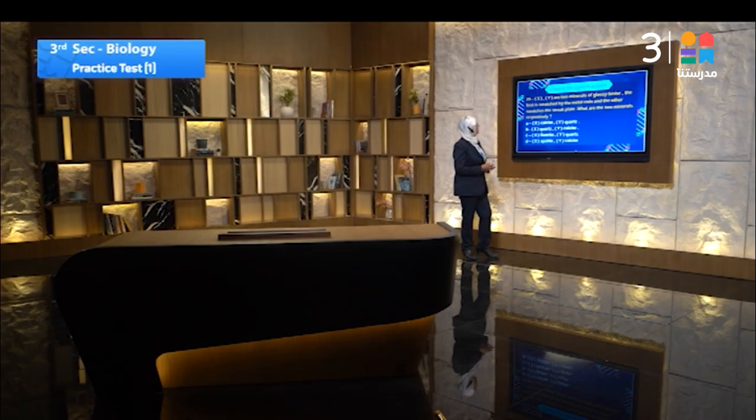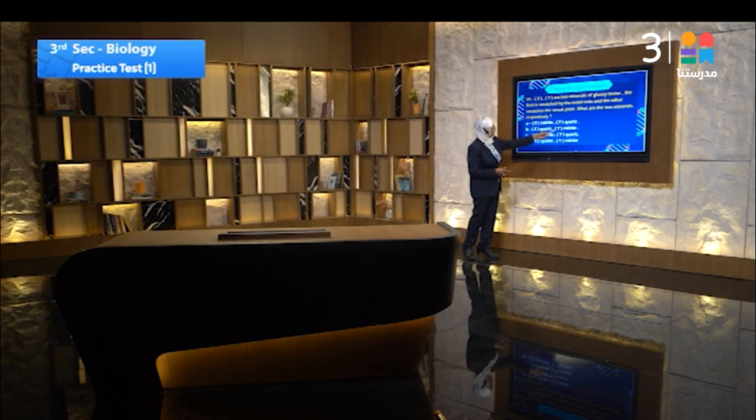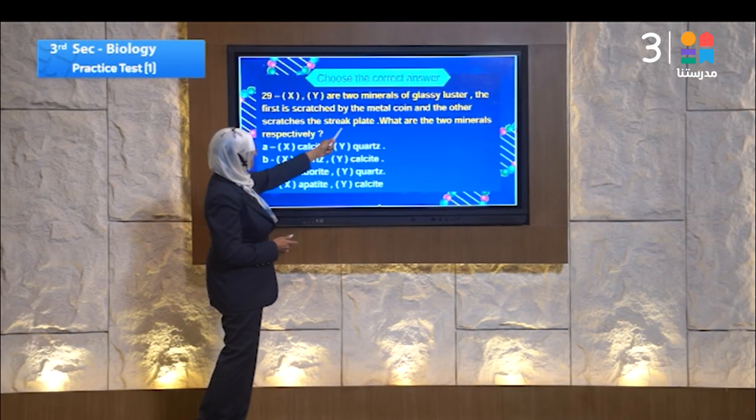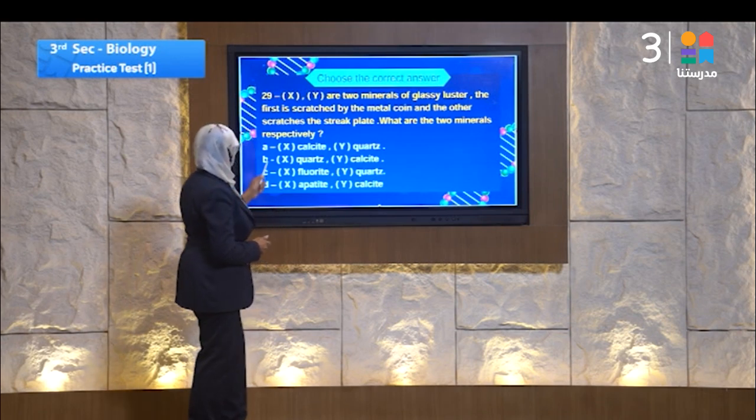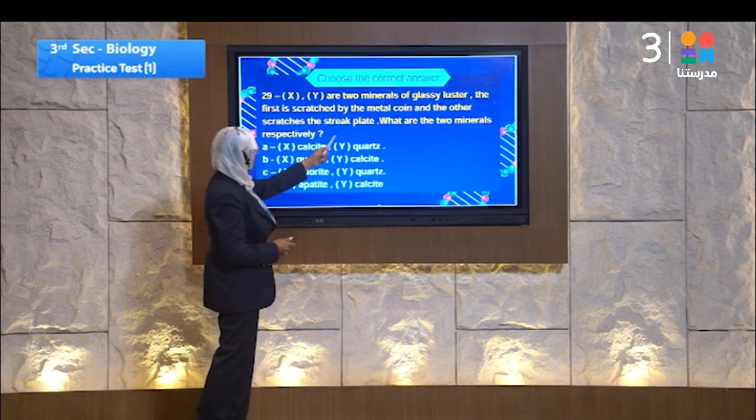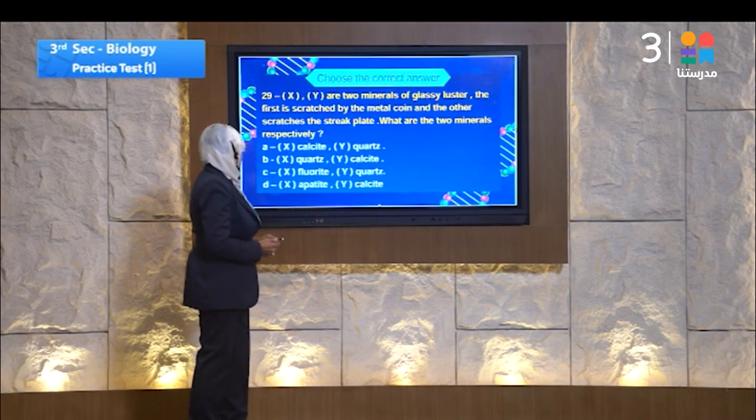The first one, X, is calcite. Y is quartz. X calcite and Y quartz. X is scratched by a metal coin and Y is scratched by the strike plate. Let's read.